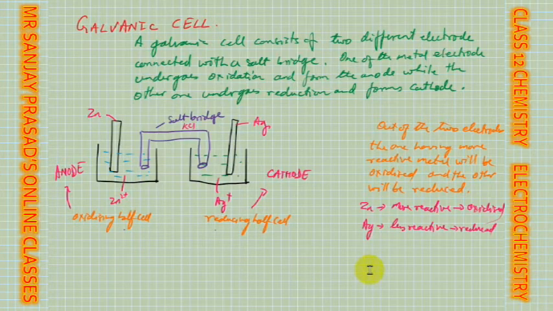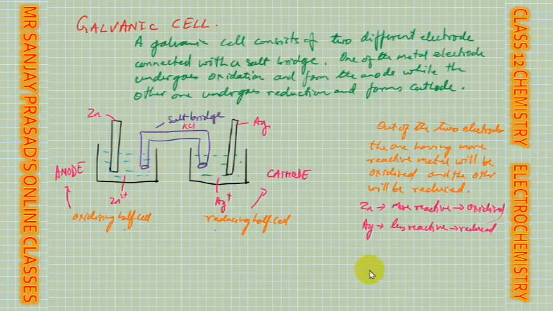This is a complete galvanic cell, and in this complete galvanic cell, what you can see here is a salt bridge is used. So salt bridge you have to know in detail. Clear? A galvanic cell has three parts.